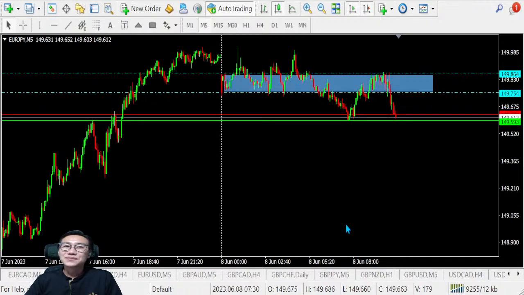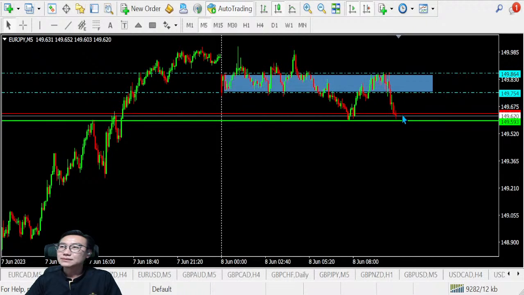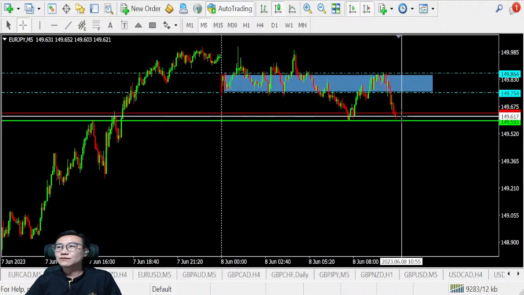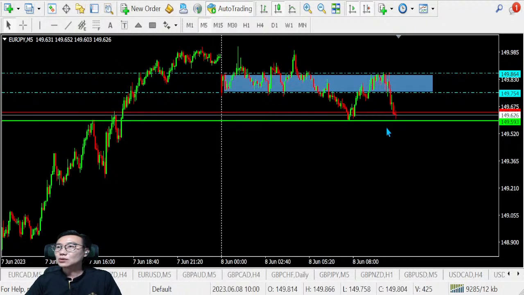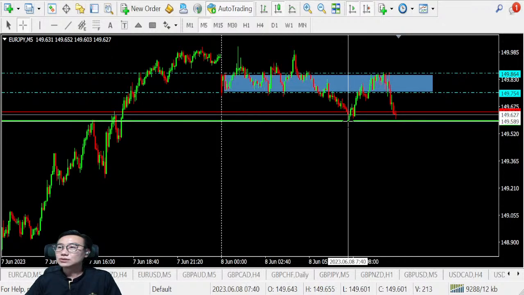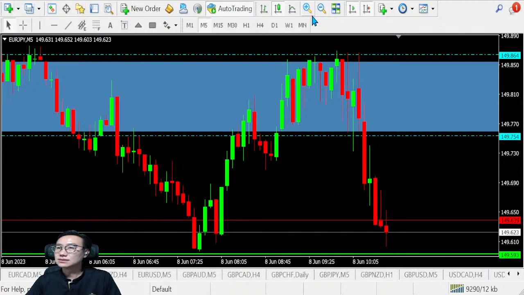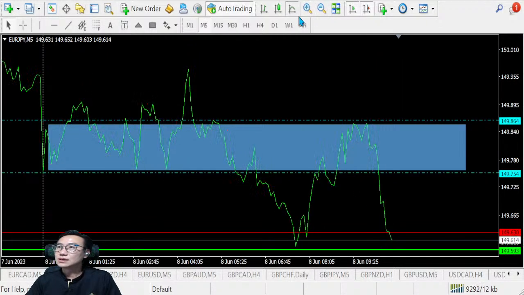Okay, we have another 4 minutes, and next M5 is going to open. So guys, look out for this area here. Now it looks like today we are taking the lows over here. Seems like it's taking out. Let's see. No, not yet.